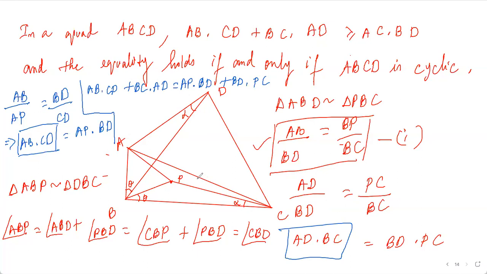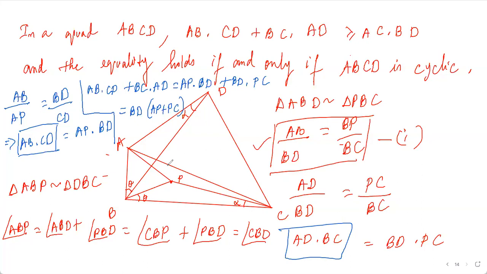And this is further equal to, so I have BD common, so I'll have BD times AP plus PC. And now look at AP plus PC.